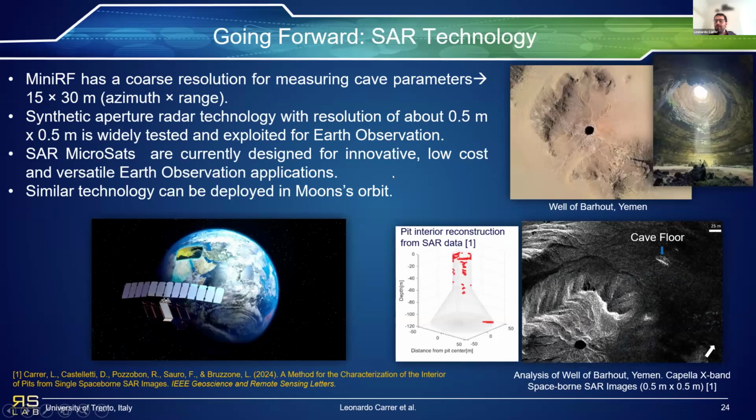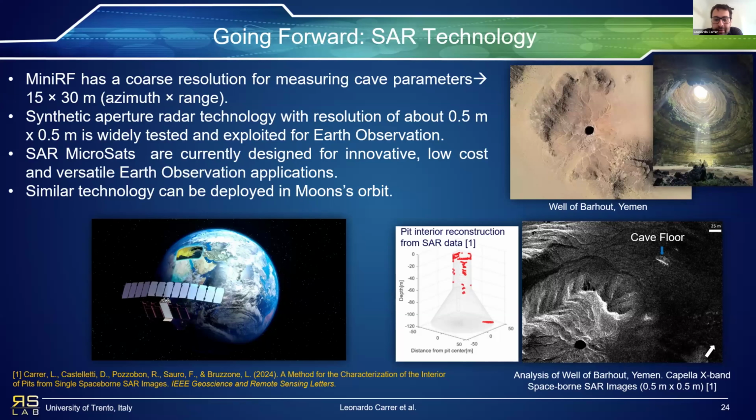So what's next? We used this spaceborne sensor called synthetic aperture radar, which is able to produce images of a given surface, to find lunar pits. Unfortunately, we used a sensor with a really scarce resolution of about 50 by 30 meters. So what is the next step?